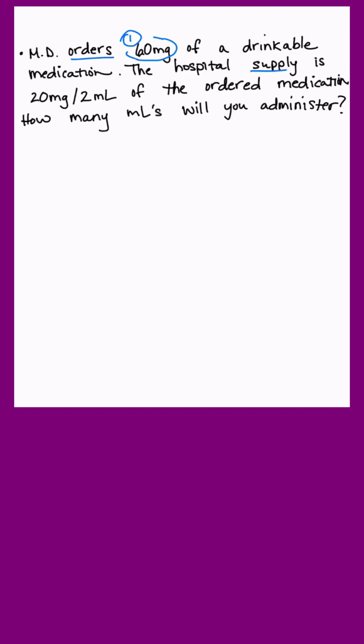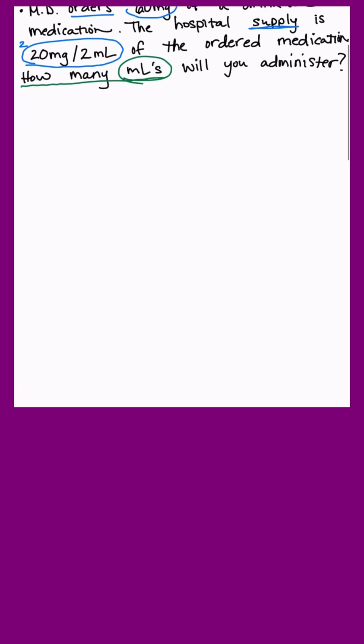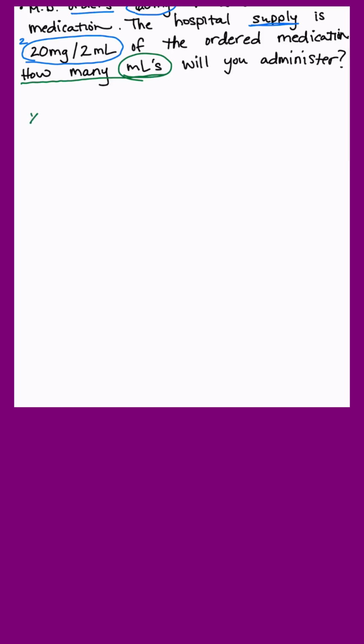My other given quantity is my supply, which is 20 milligrams per 2 mLs. That's what I know I need to add into my formula. And then my unit of measure, it's asking me how many mLs will I give. So that's how I'm going to set up my question. I need X amount of mLs.